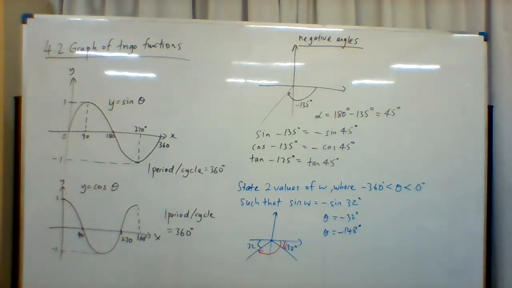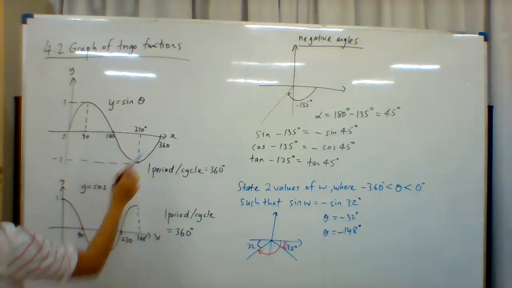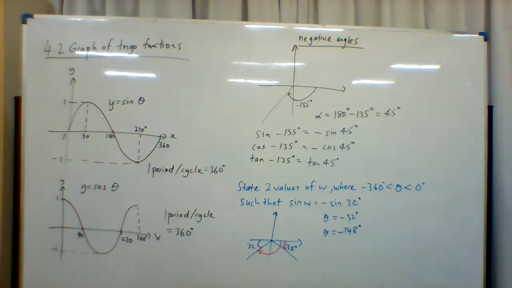So remember the important points that I told you. For your sine graph, you have 0, 180, and 360 at your x-axis, and the maximum of your graph is 1 at 90 degrees, minimum of -1 at 270 degrees.